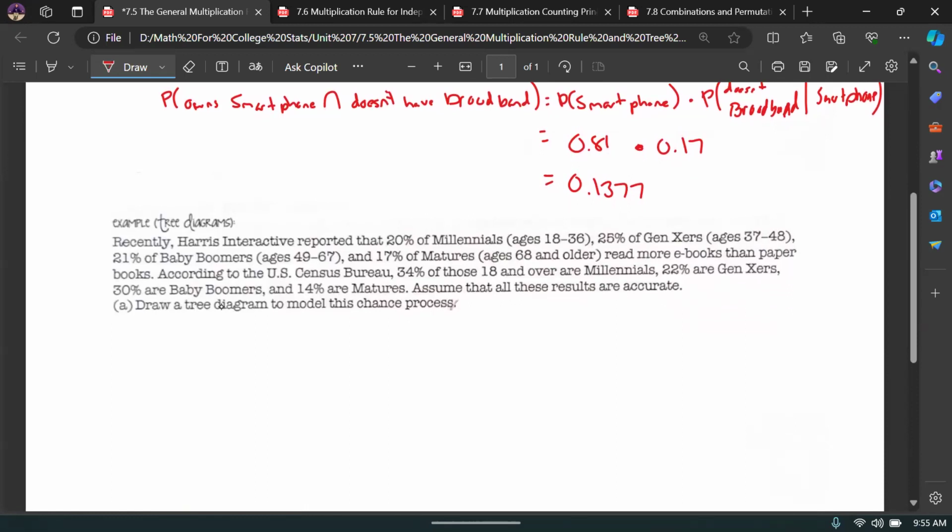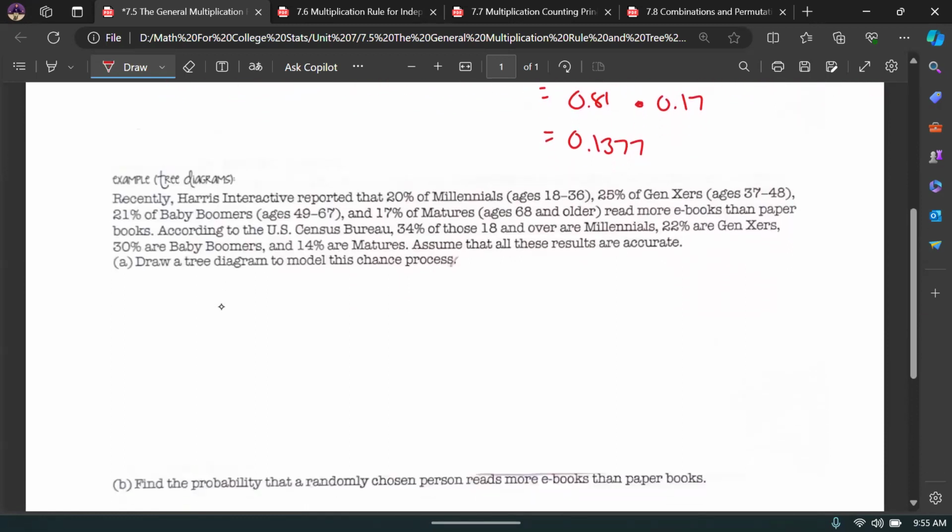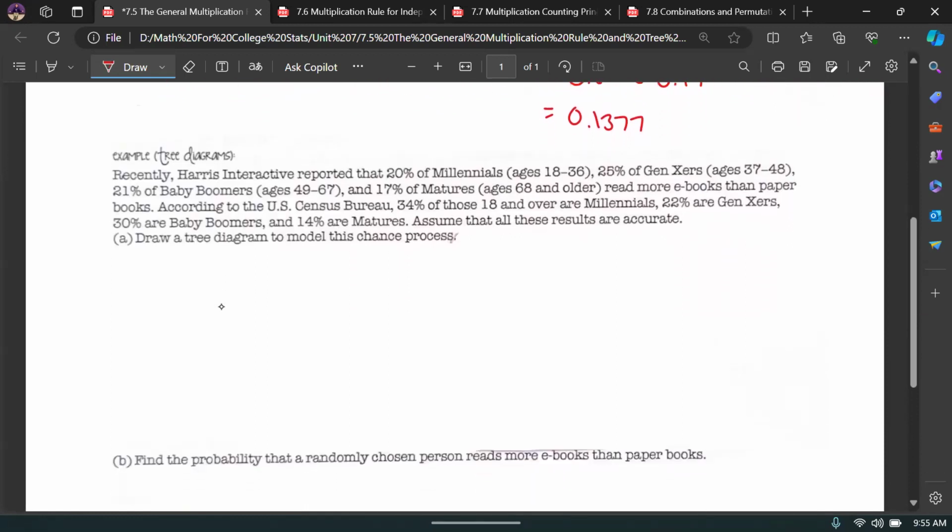All right, next example. This one's going to be the fun one. Recently, Harris Interactive reported that 20% of millennials aged 18 to 36, 25% of Gen Xers aged 37 to 48, 21% of baby boomers ages 49 to 67, and 17% of matures aged 68 and older read more ebooks than paper books.